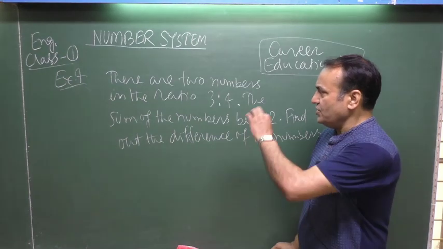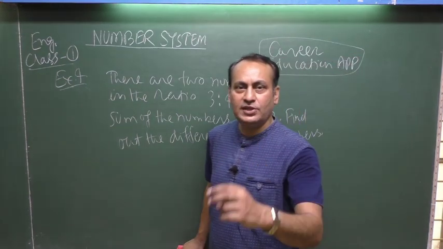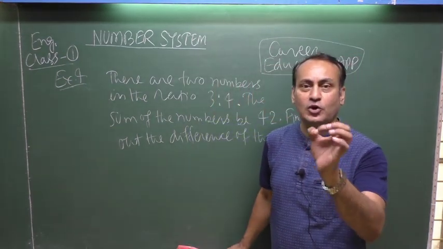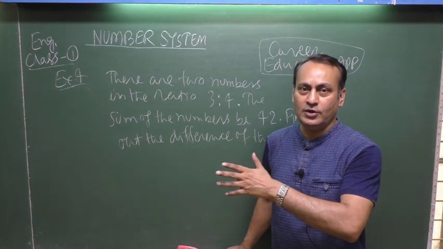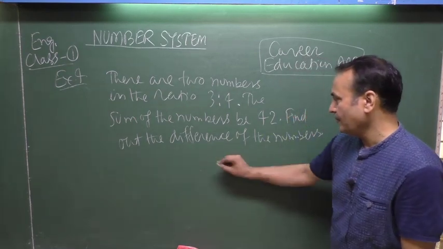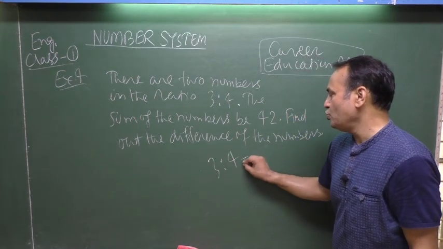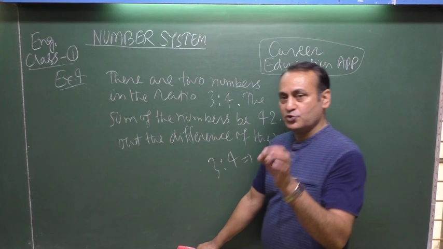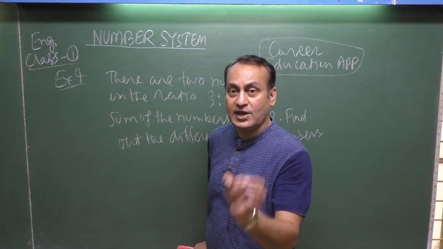The question says there are 2 numbers in the ratio 3 and 4, and the sum total of the numbers is 42. You have to point out the difference of the numbers. That means, see here, 2 numbers are in the ratio 3:4. Question directs the sum of the numbers.